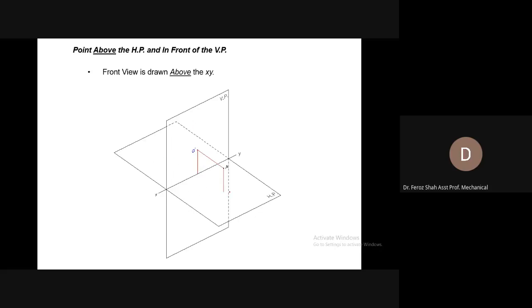You can reckon the floor of your room as a horizontal plane, and also the wall of your room as the vertical plane.